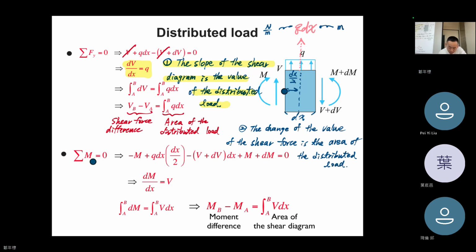Okay? So we have two conclusions based on the distributed load balance.